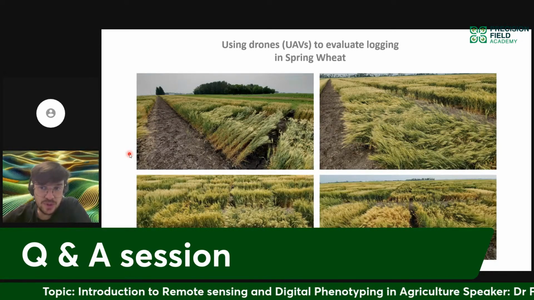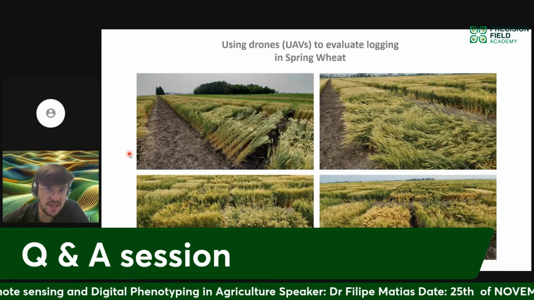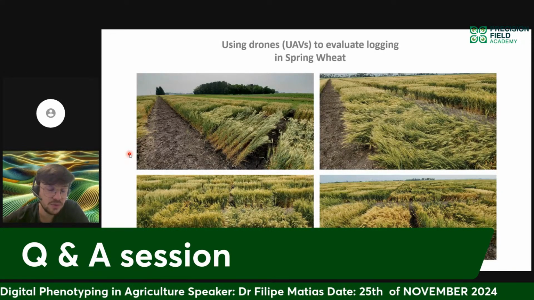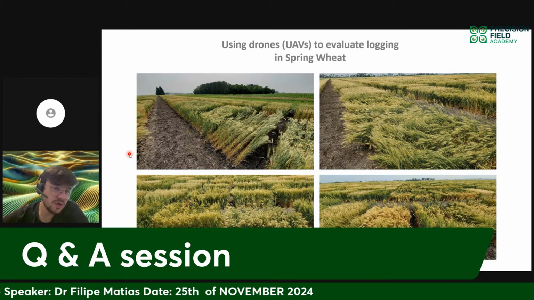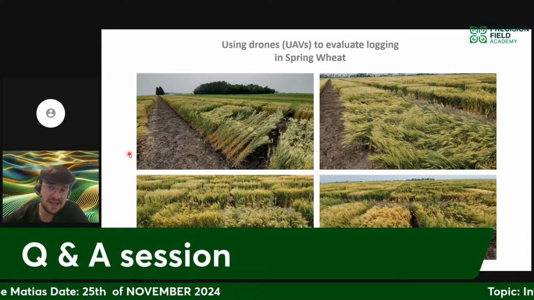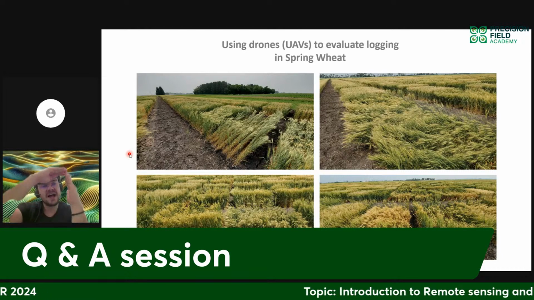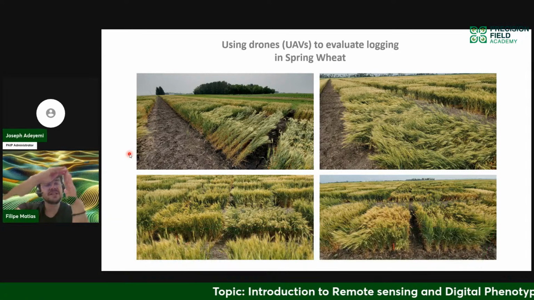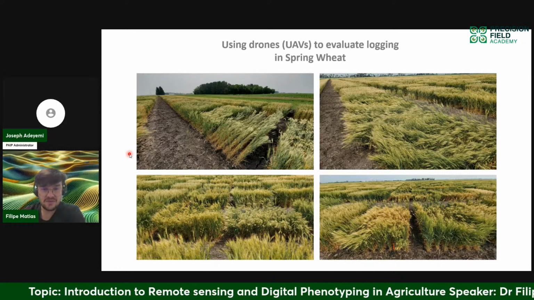This is another point. For example, we can calculate lodging based on this altitude, using the same system that we just mentioned. You can calculate lodging by comparing the digital height the plants have before a lodging event and the digital height after a lodging event.